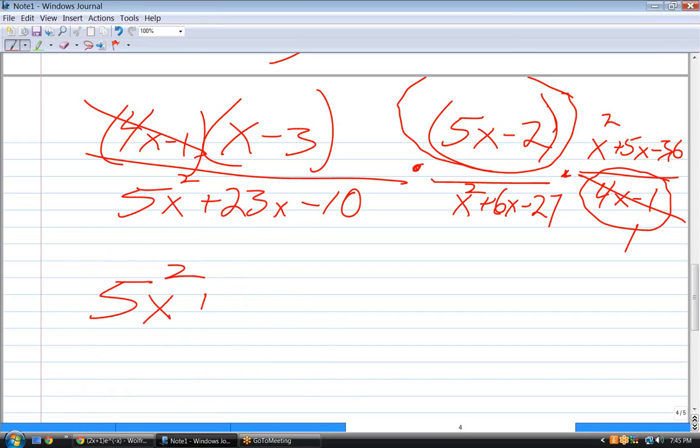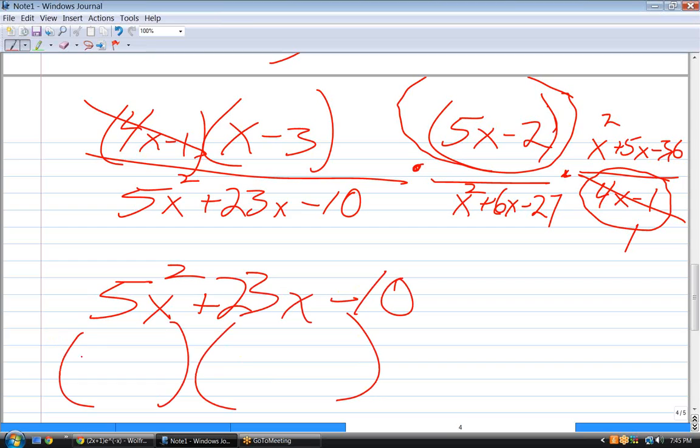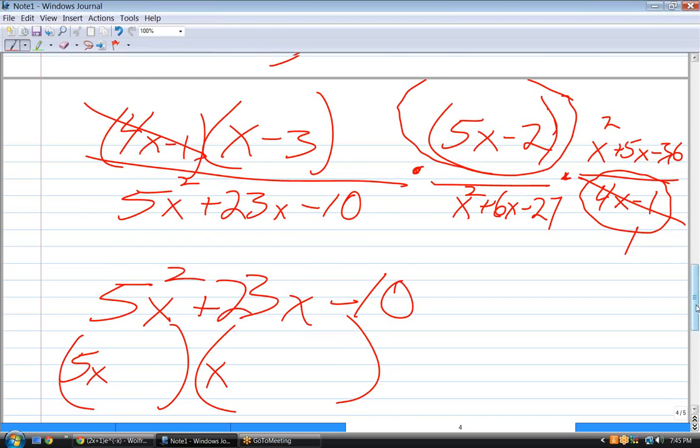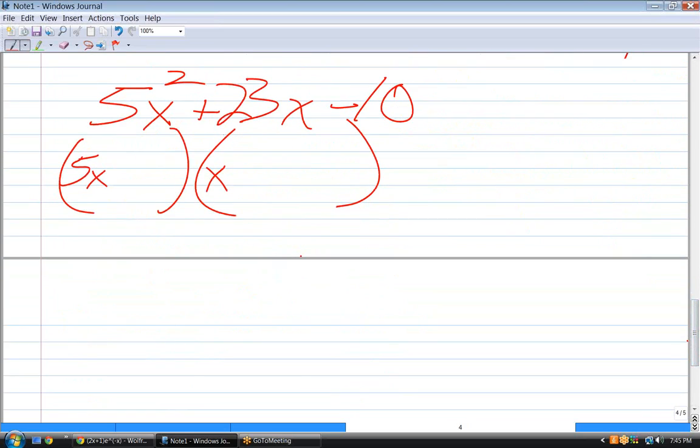Well, let's do the same process. Only this time we know that it's 5x and x. No other choices. What are the signs here? I think they're both negative? No, they have to be opposite.